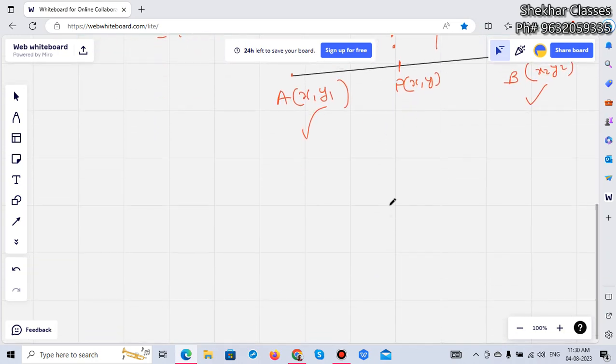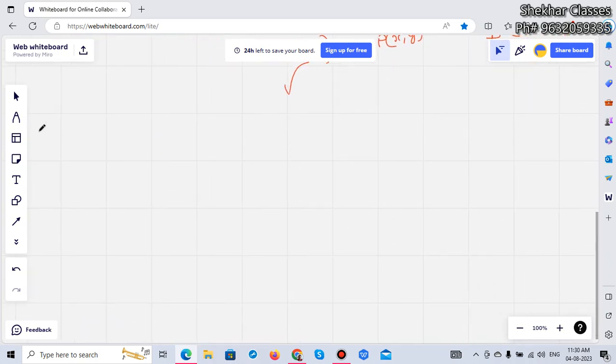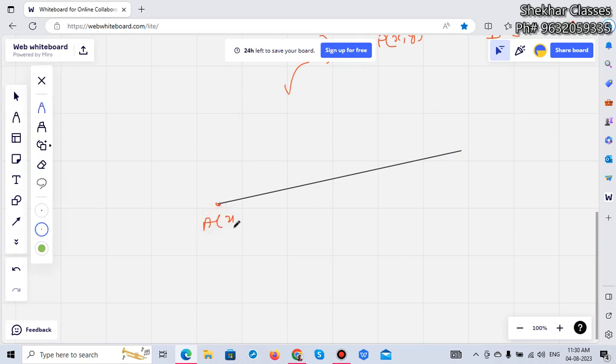Sometimes they will not give you the question like this. The question can be such that there is a line segment, and they have given the coordinate of A as x1 and y1, and there is another point B, which is x2 and y2.